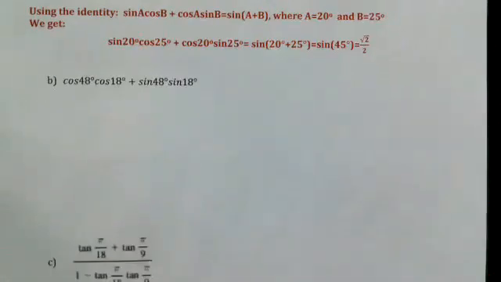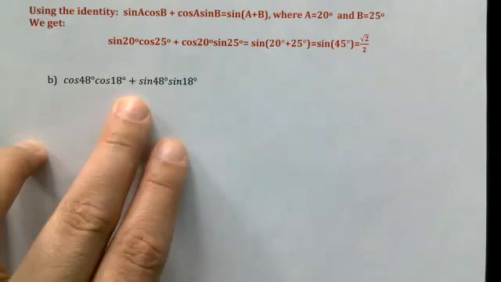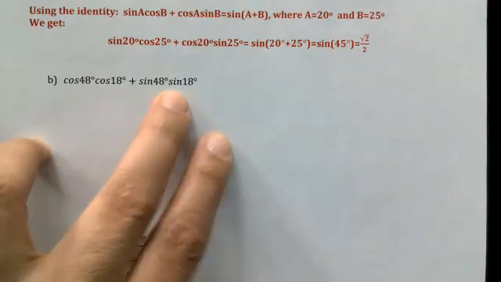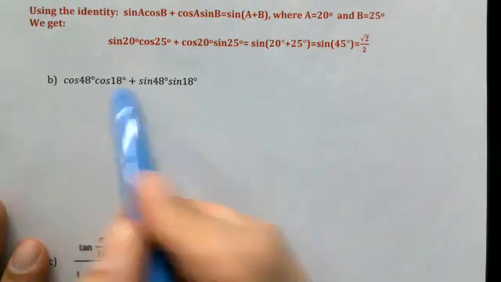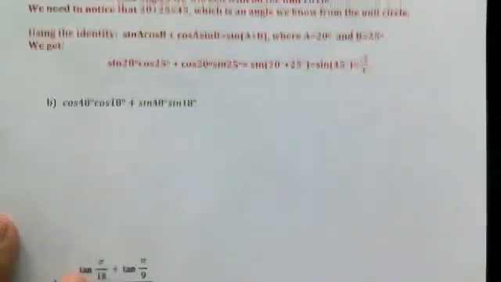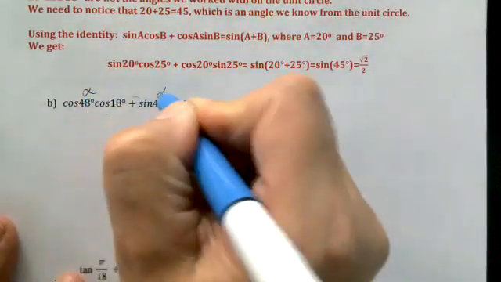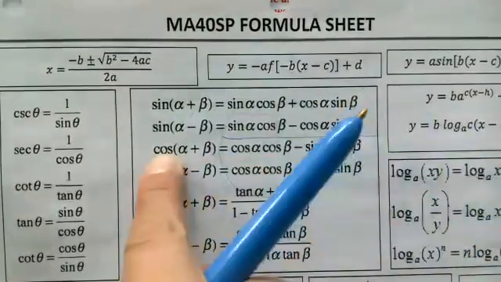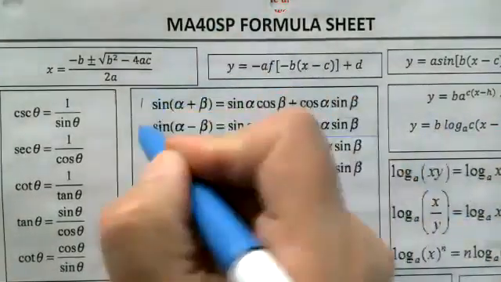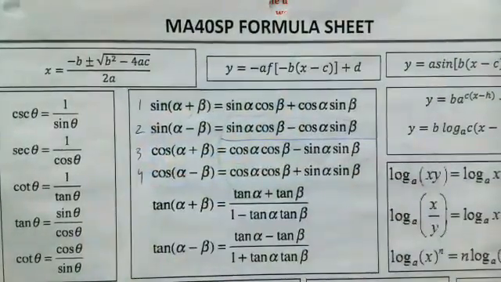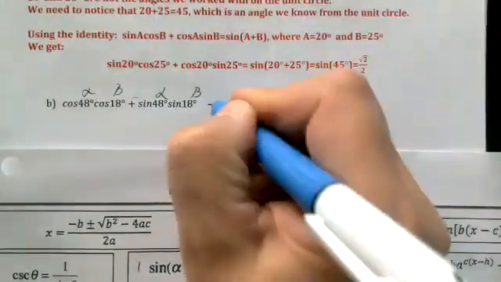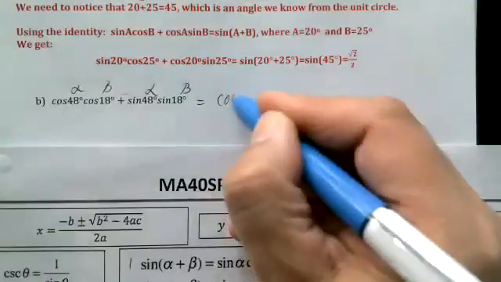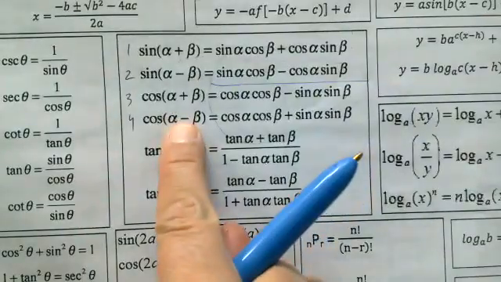Same thing. Cosine 48, cos of 18 plus sine 48, sine of 18. Now we have cos, cos, sine, sine with a plus in the middle. The angles are the same. There's our alpha. There's our beta. That means we can use the right-hand side to take us to the left-hand side of which one? The first one, the second, the third, the fourth. The fourth one, yes. Then we have cosine of alpha minus beta.